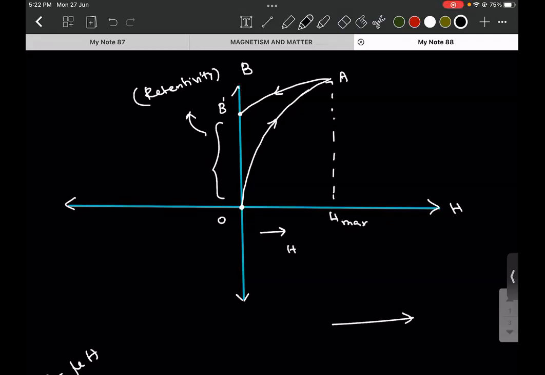It's called retentivity of this ferromagnetic substance. So is there any confusion to this point?